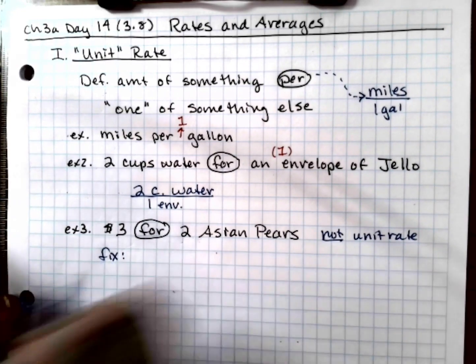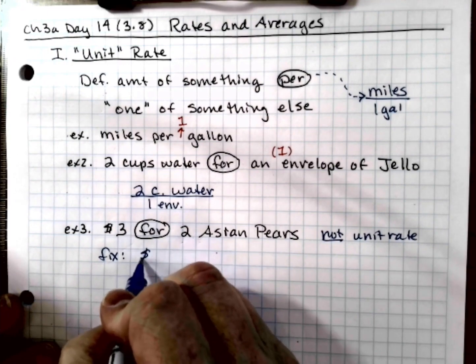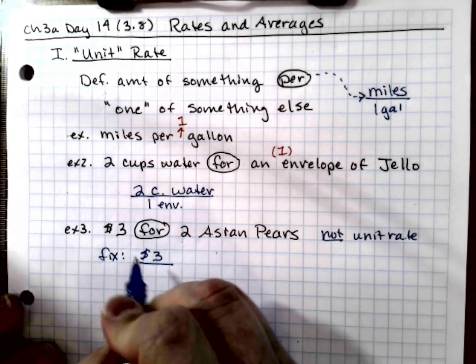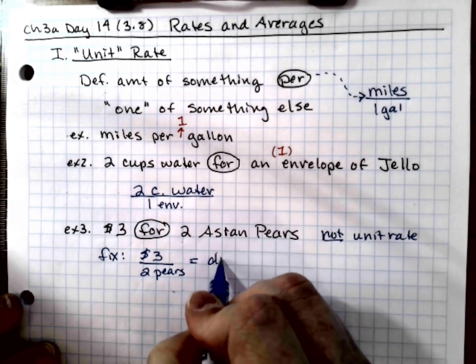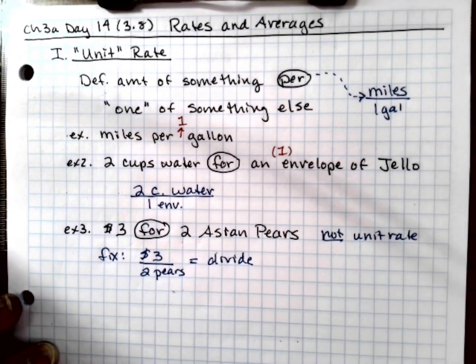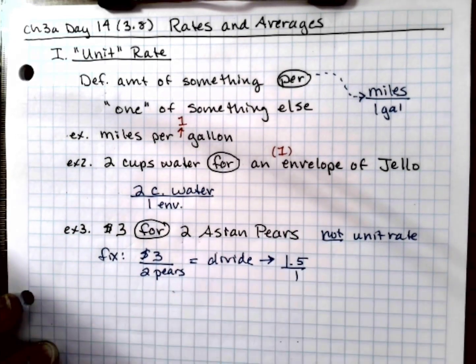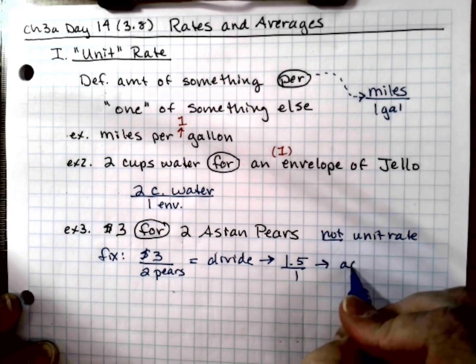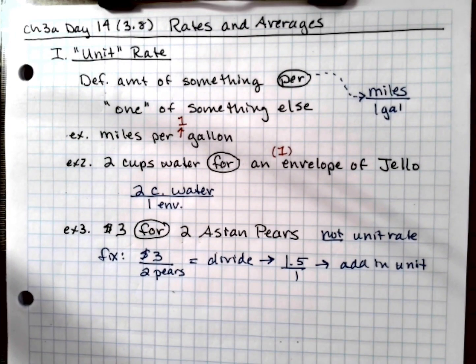To fix it so that it is a unit rate, we take $3 over 2 pears, and we have to divide the bottom into the top. That would be 1.5 over 1, and then you add in the units. So if it's not a unit rate, divide the bottom into the top and then add in the units.